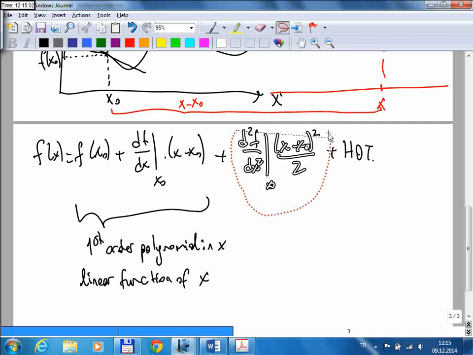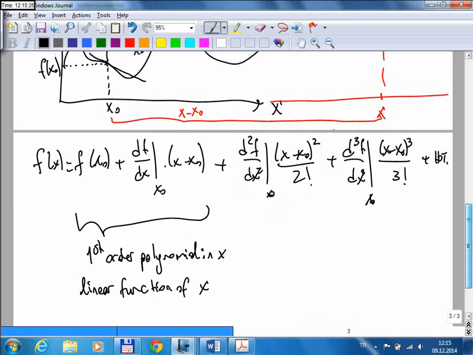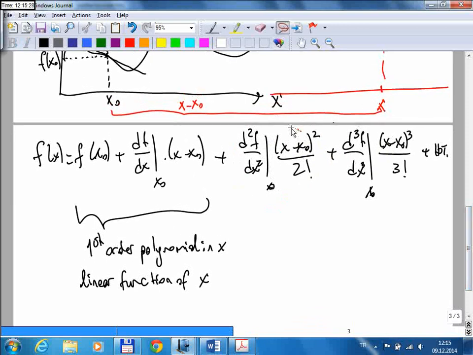This is the first term we ignore. It has the square of x minus x0. The following term has the third power of x minus x0, right? So let me just write it here. So if x minus x0 is a small number, then these high powers of that will be negligible anyway, right?